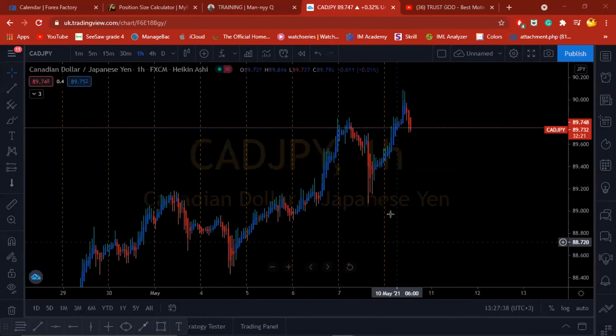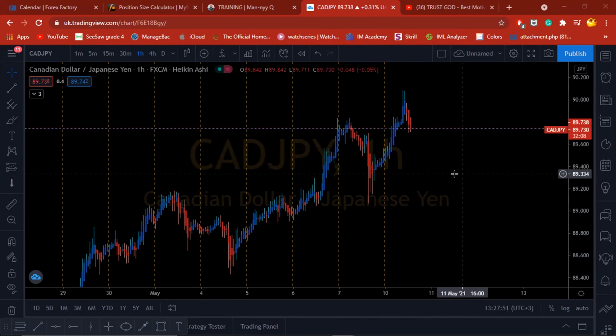Before I go into it, I'd like to cover some basics with regards to pip calculations. Here we've got CAD JPY. If you remember, I mentioned before that whenever you have a Japanese currency pair, you're going to have a 3-digit number before the decimal point.